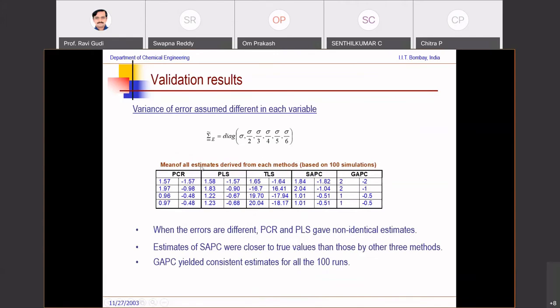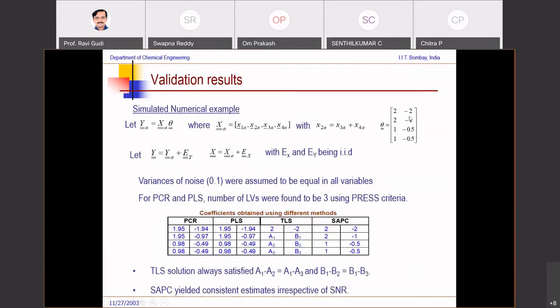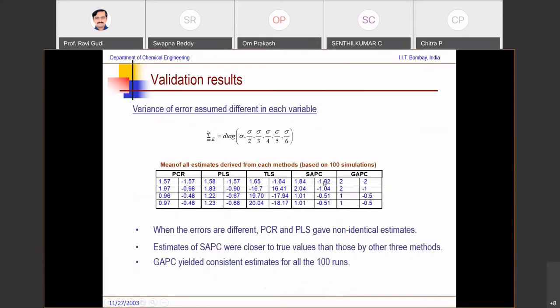Now you see that all of these algorithms, PCR, PLS, TLS, SAPC, give you biased estimates, but generalized augmented principal components is still able to reliably estimate your parameter vector, which is this one, no matter what the noise variances are.